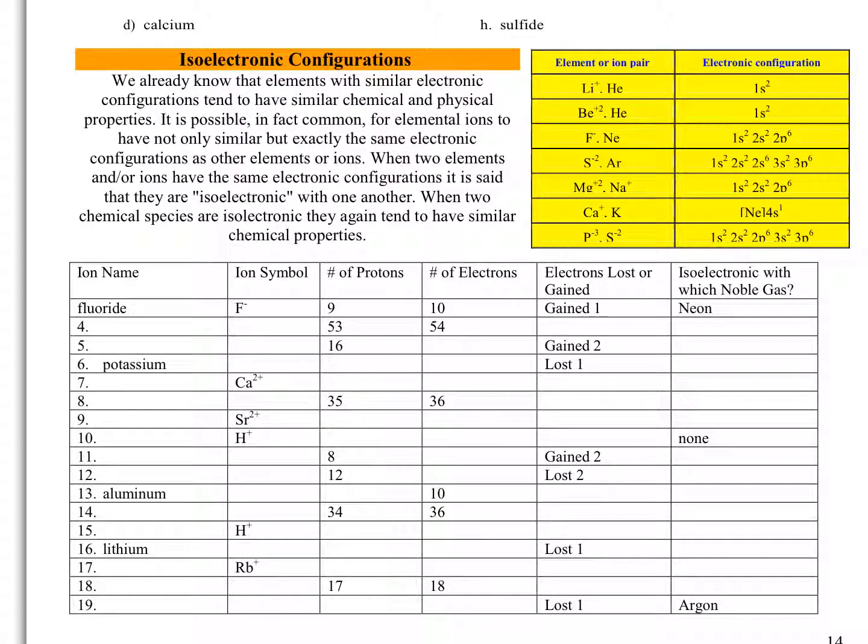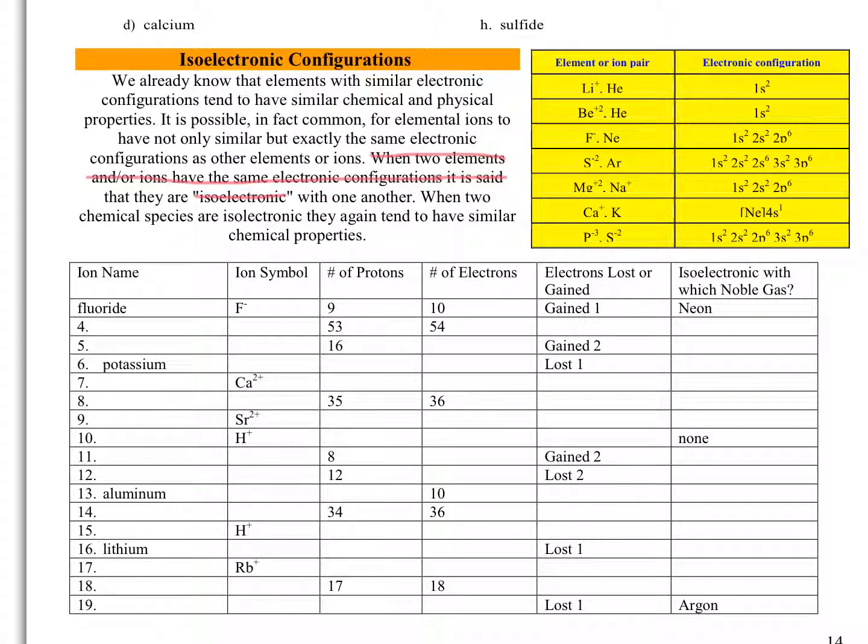It is possible, in fact common, for elemental ions to have not only similar but exactly the same electron configurations as other elements or ions. This is where our notes are: when two elements or ions have the same electronic configurations, it is said that they are isoelectronic.